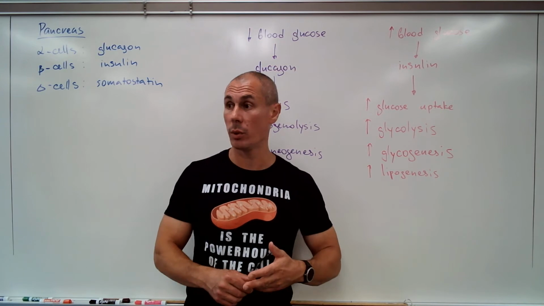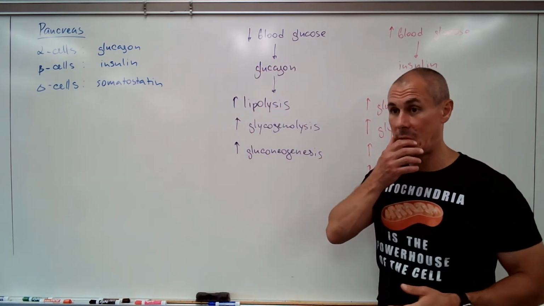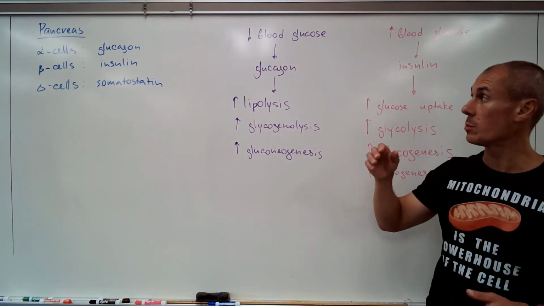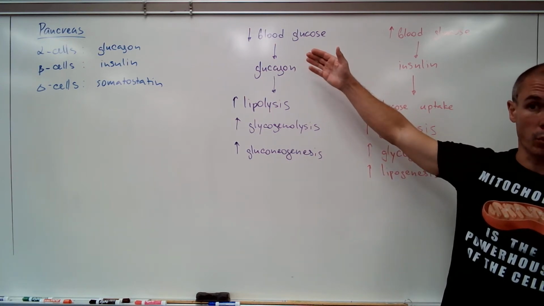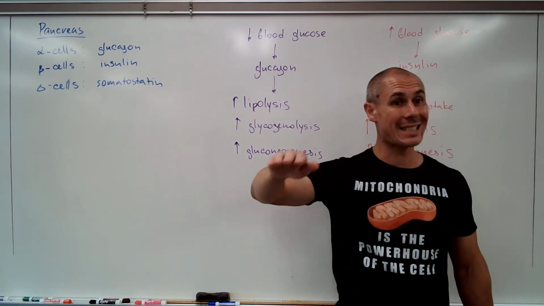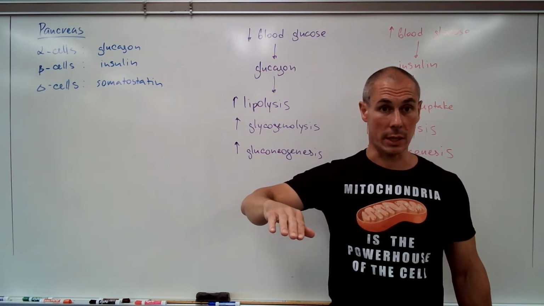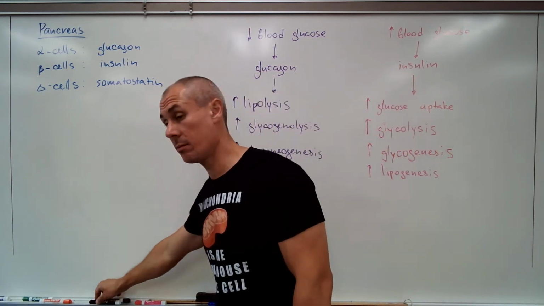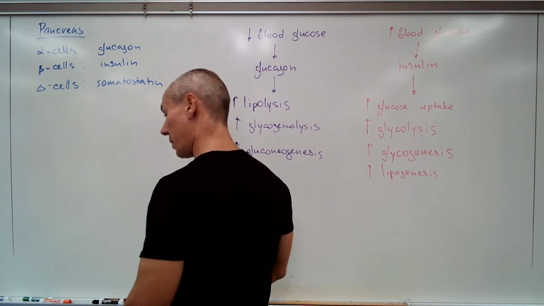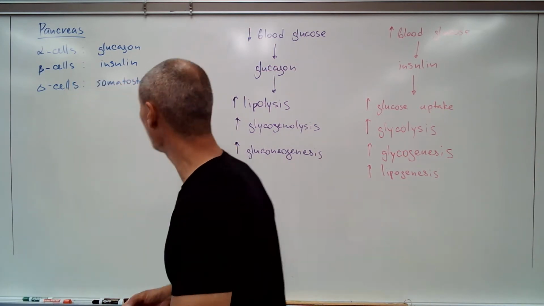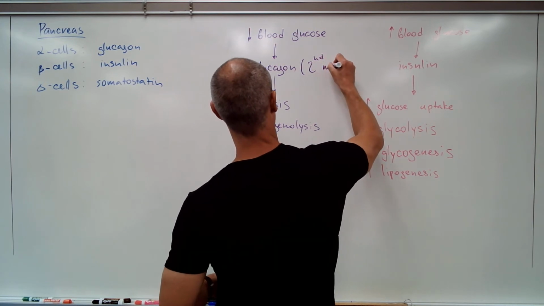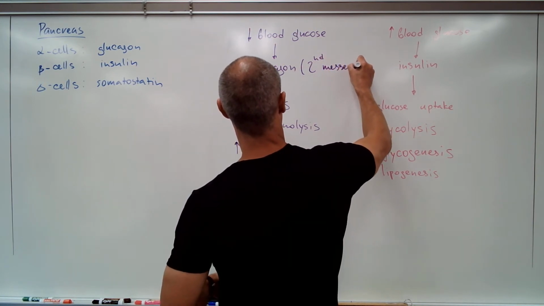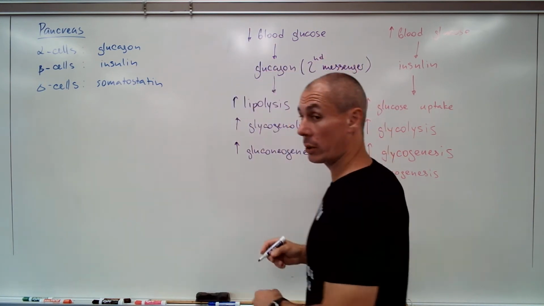Couple more things that I wanted to throw on top of that is the mechanism of signaling. Glucagon is a water-soluble hormone that works through the classic second messenger system, actually via two of them. There are two different second messenger systems that glucagon can work through. It's all via G-protein coupled receptors.